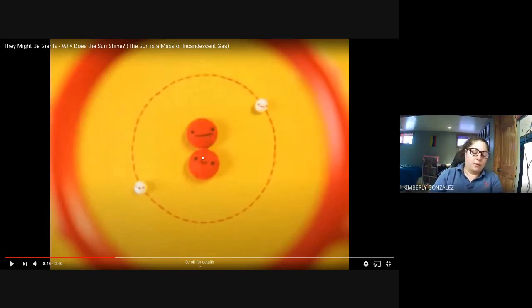Okay, now why do we have to force it together? Well, because the only charge inside the nuclei is a positive proton. The number of them just depends on which element you have, but that's besides the point. I want you to focus on the fact that they are positive. Because if you try to put two positives together, and you fight and you fight, it flips, usually with magnets, right?